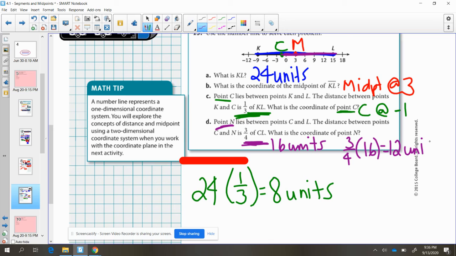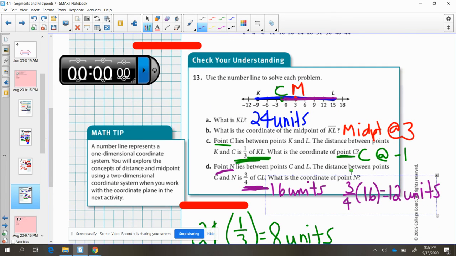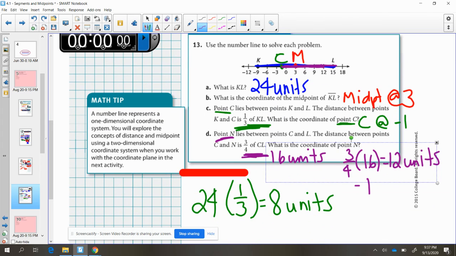And again, if we're moving from point C to point L, we need to move 12 units to the right, which puts us at -1 plus 12, which is 11. At 11 on the number line.